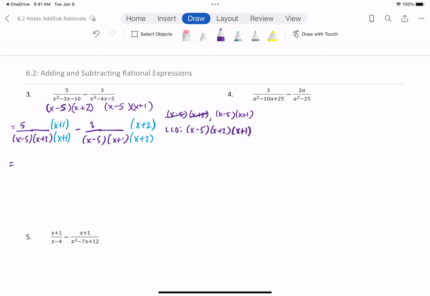So since I don't have 1's in the top this time, I'll have 5 times x plus 1 over that common denominator, minus 3 times x plus 2 over the common denominator.